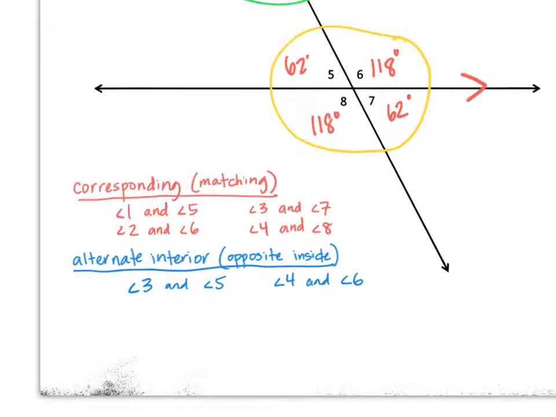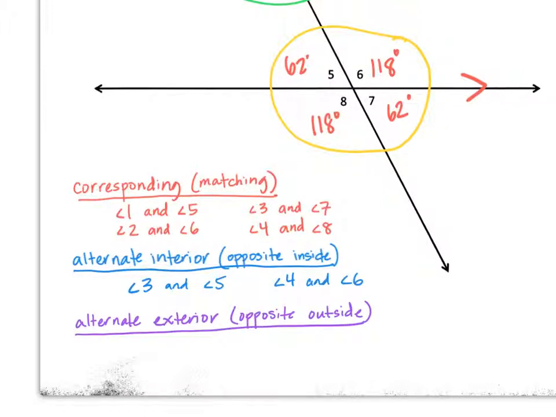Our next one is called alternate exterior. You can probably figure out this is very similar to alternate interior, except we're going outside of our two parallel lines this time.